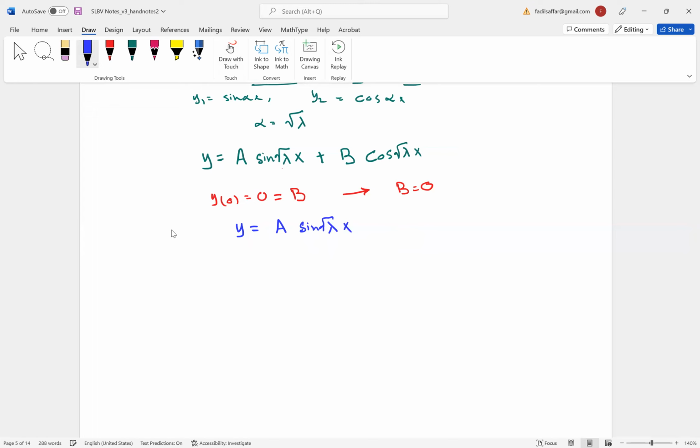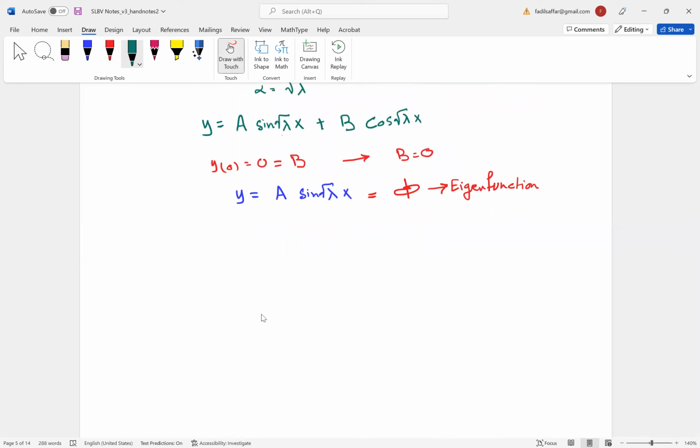And let me highlight, we will reach that later, that this part here is what we call the eigenfunction.